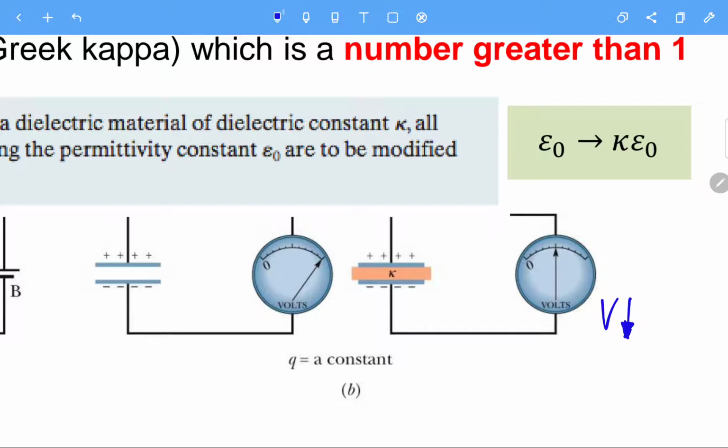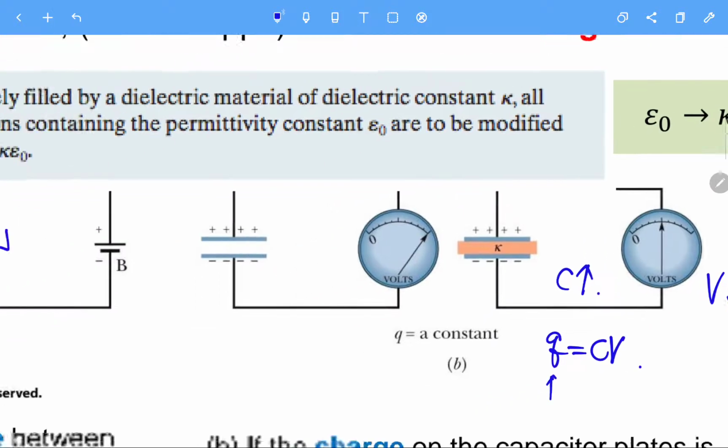The electric potential decreases, which means that C increases. C also increases in this case because we have Q equals CV. Here Q is a constant, so V decreases, C increases.